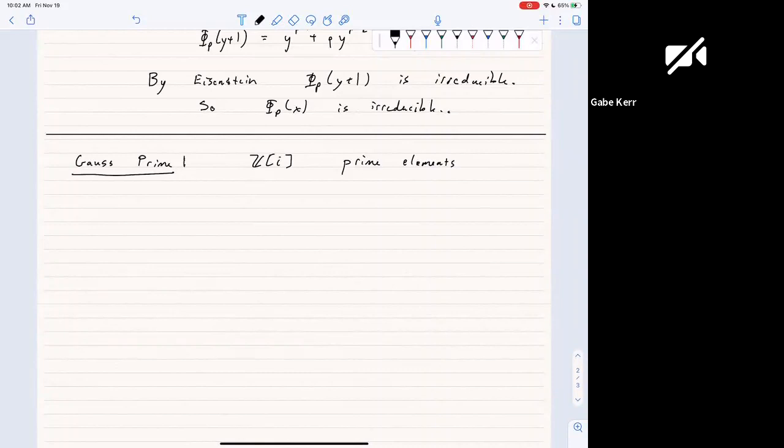But I want to say, you're right, there are new prime elements, but you don't know primes anymore. Do you? Like 2? Not prime anymore. So you get some new primes, and now a whole bunch of old primes are gone. They're not prime anymore. So what's going on?